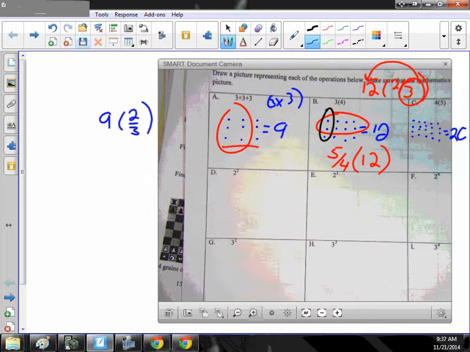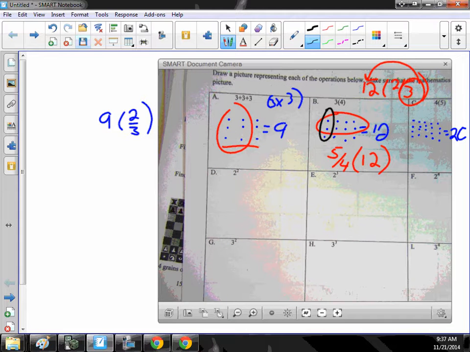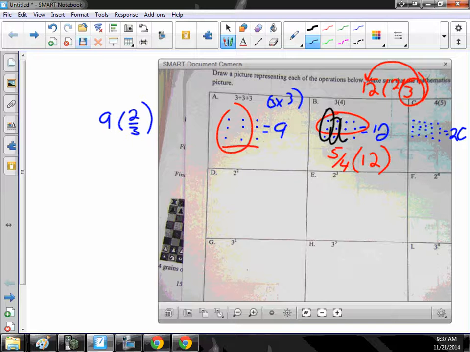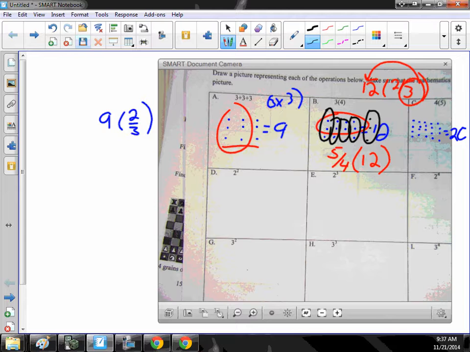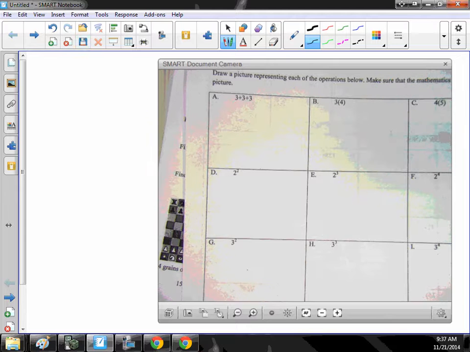How many of those 3s do I need? 5, but I don't have 5. So I'm going to add another 3. So I'm going to keep 1, 2, 3, 4, and I'd do another one, 5/4. So what is 5/4 of 12? 15. Okay? So that's how you put that together.